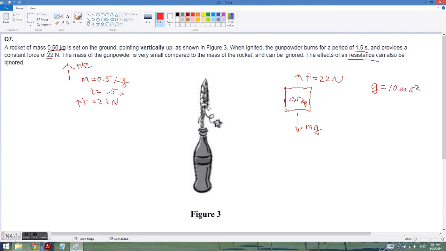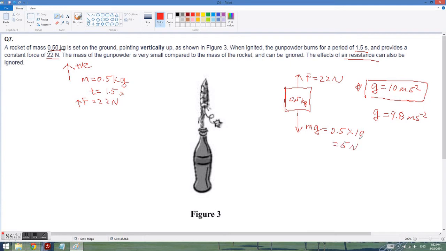That's in the VCE final exam. However, the questions in your textbook use 9.8. So for now, I just use 10. Which is your mass times gravity, 5 newtons.